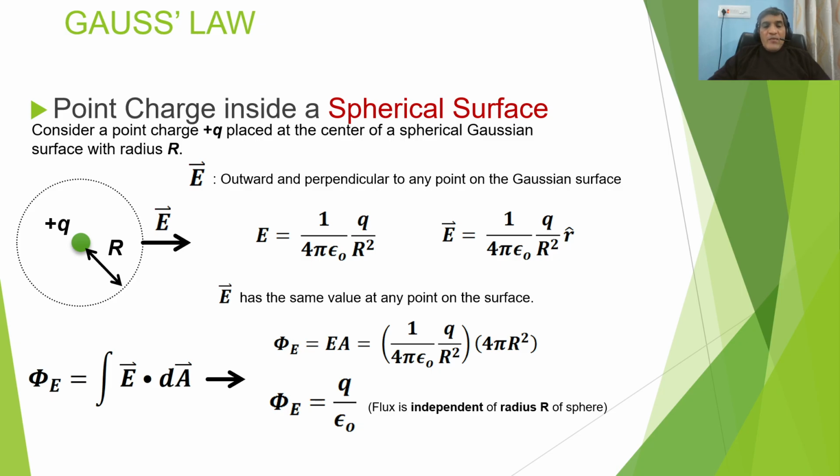The original formula is phi E equal to the integral of E dot dA. E is constant, so it comes outside. The area is 4 pi r square. So phi E equals Q enclosed upon epsilon naught, and phi E is the electric flux, calculated by the formula shown in the PPT, phi E equal to the integral of E dot dA.